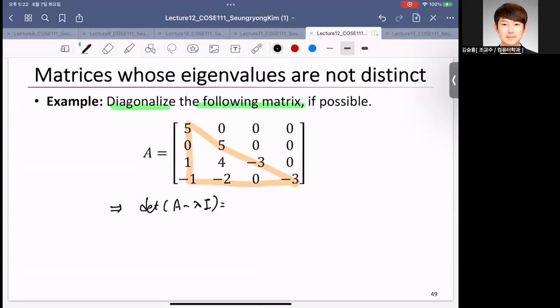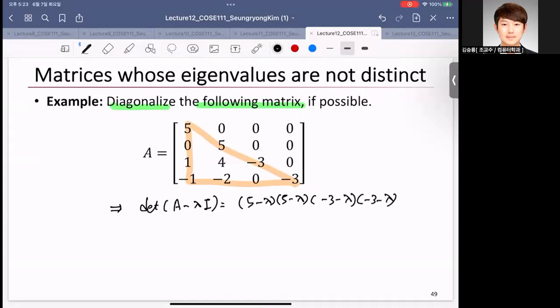Because this is the triangular form, the determinant of this matrix is going to be 5 minus lambda, 5 minus lambda, and negative 3 minus lambda, negative 3 minus lambda.